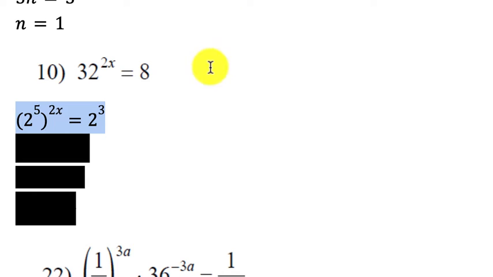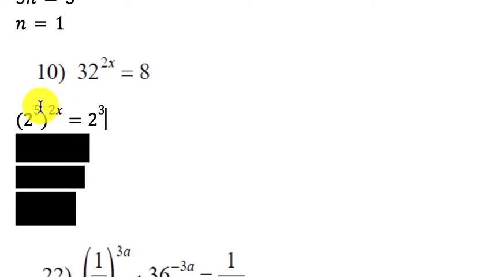And as I do that, notice what I've done here. I've put the 32 as 2 to the 5th in parentheses, because that's still being raised to the 2x power. Over here we have 2 to the 3rd. All right, so I've almost got equal bases. I first have to resolve this issue here with the power to a power rule.